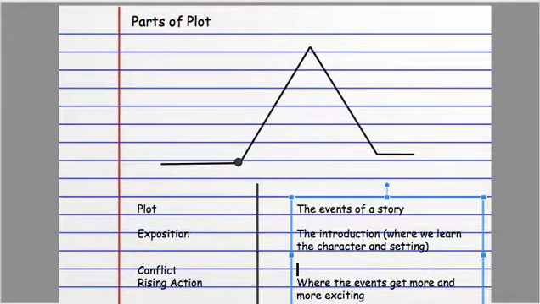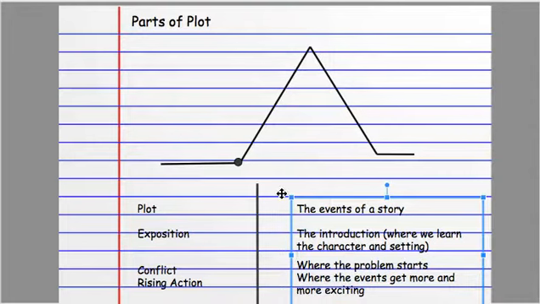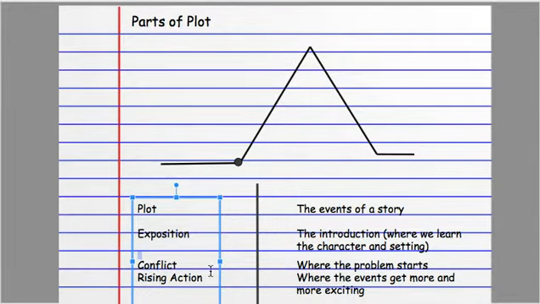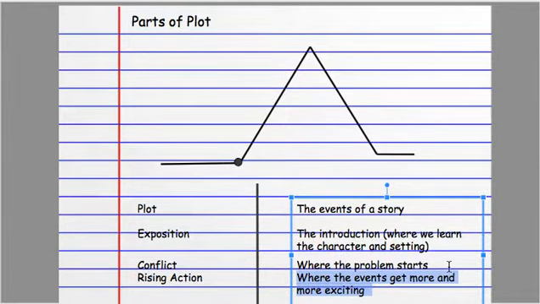Conflict is where the problem starts. There we go. And then rising action is going to be where the events get more exciting. If you got those out of order, that's okay, because I did too.